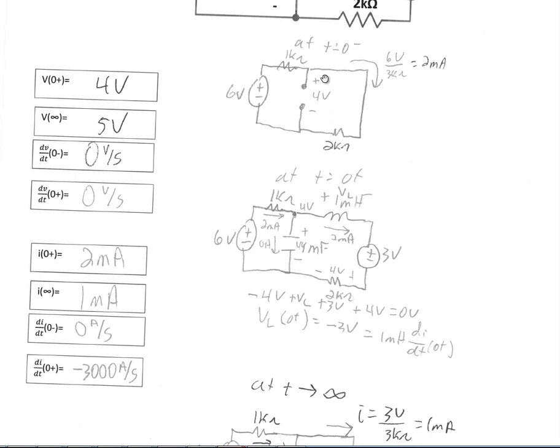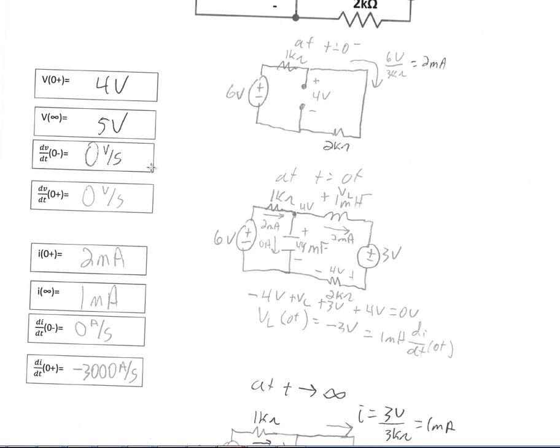That means that that capacitor has already reached full charge. There's no current flowing through it, and we know that IC equals C dV dt. Well, if there's no current flowing through it because it behaves like an open circuit, then you have 0 amps equals C dV dt at 0 minus. So therefore, the change in voltage with respect to time at 0 minus is simply 0 volts per second.